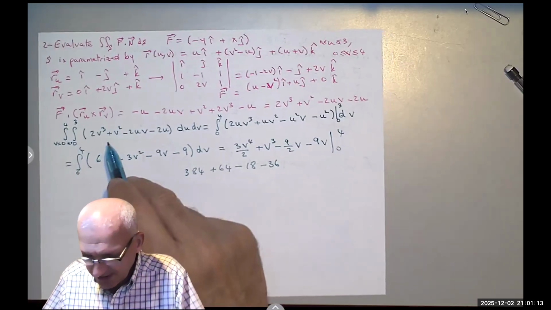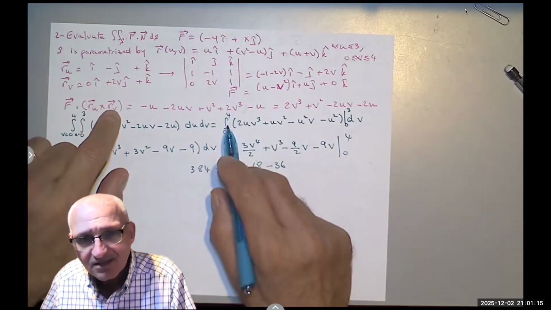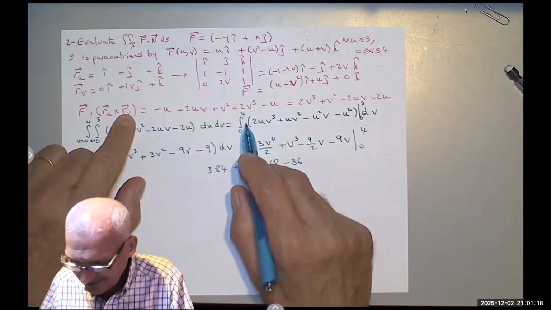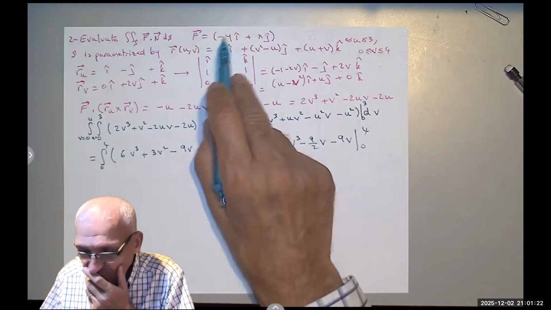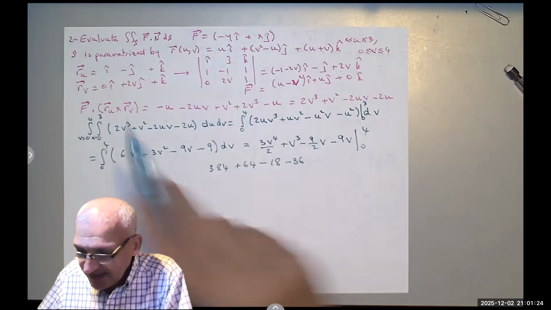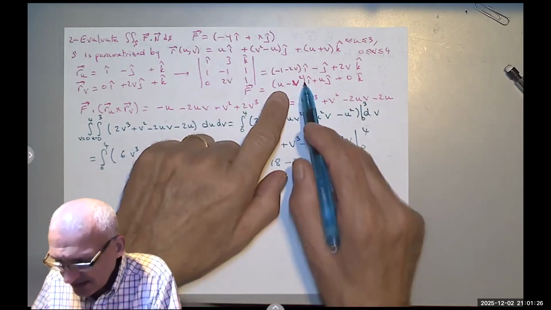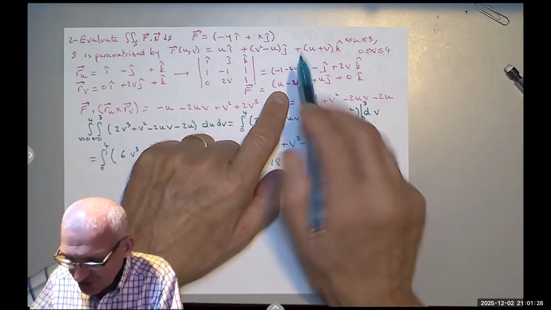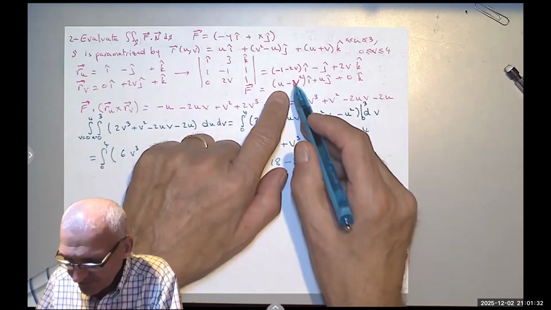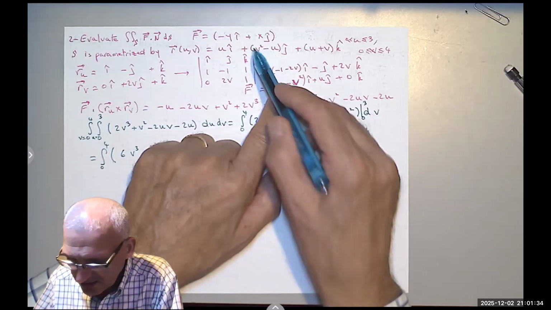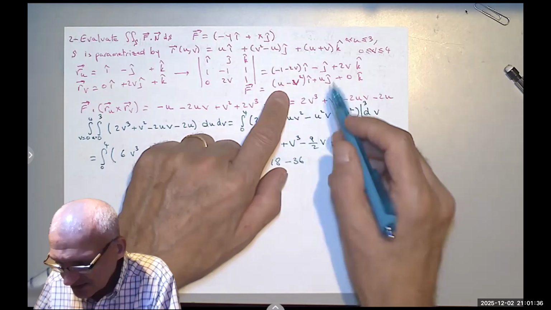I'm so sorry. You see here it says negative y i. I thought I forgot to switch those. I said that must be the reason. No, it's not. This is negative y, u minus v squared, so it's correct.